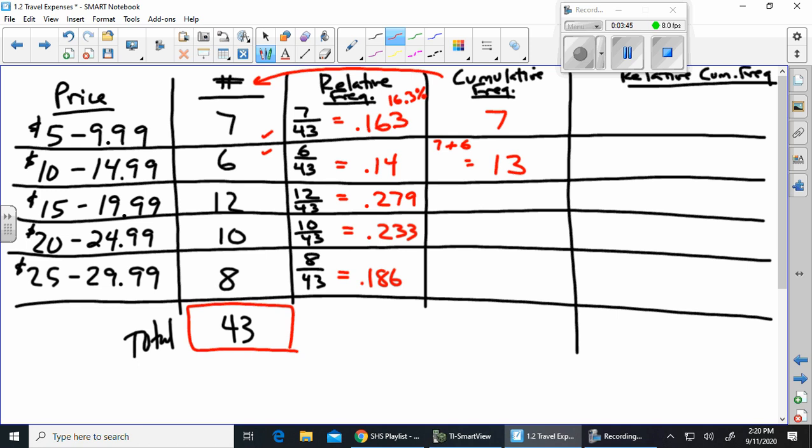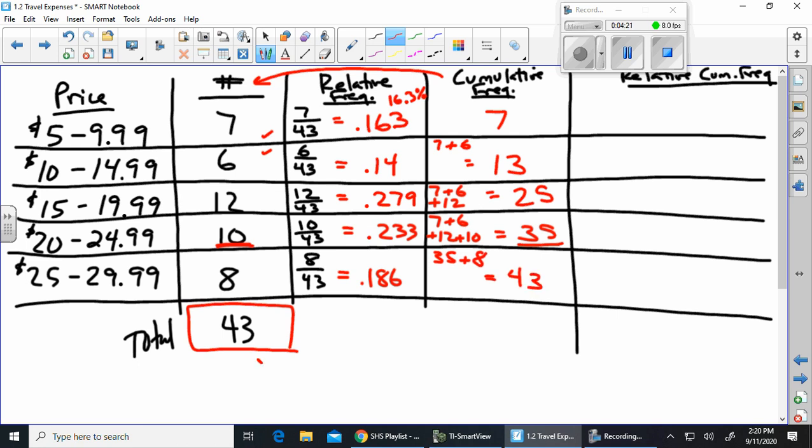How many from 5 to 19.99? 7 plus 6 plus 12, which is 25. This would be 5 to 24.99. So 7 plus 6 plus 12 plus 10, which really you just need to add the next number to what you had. So that's 35.